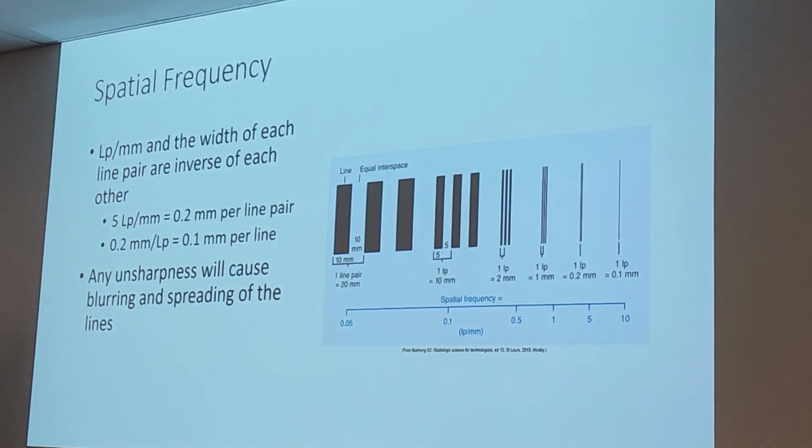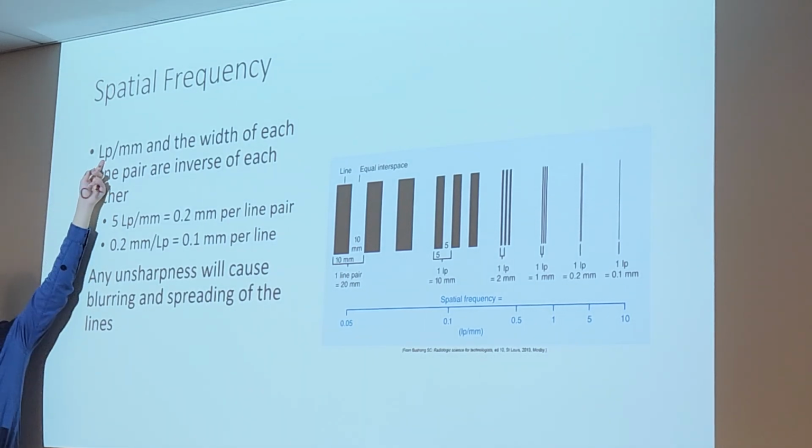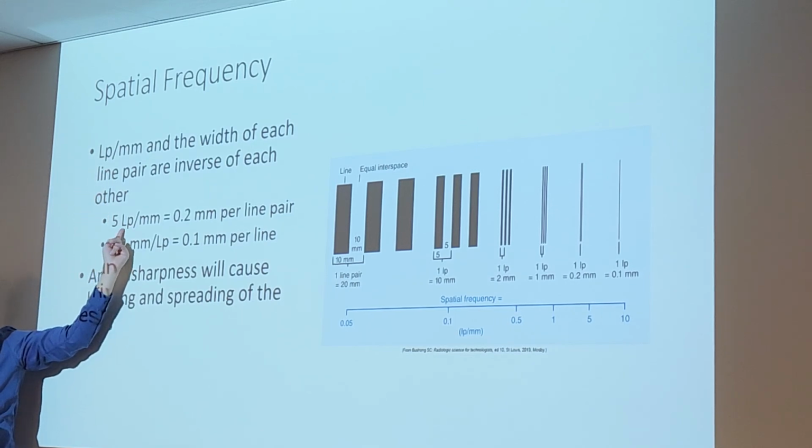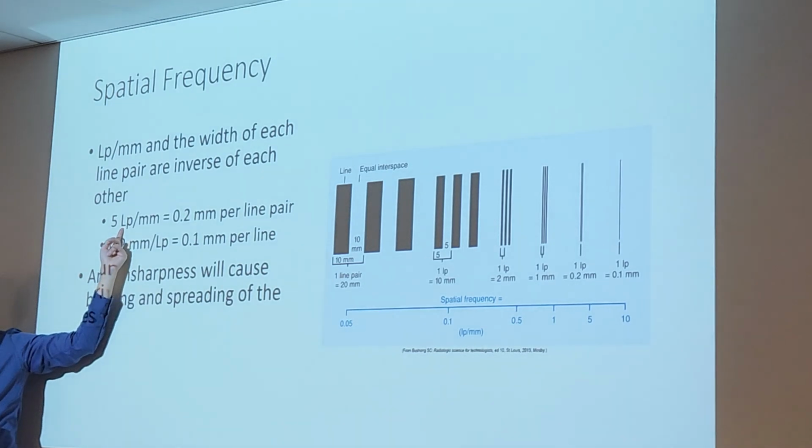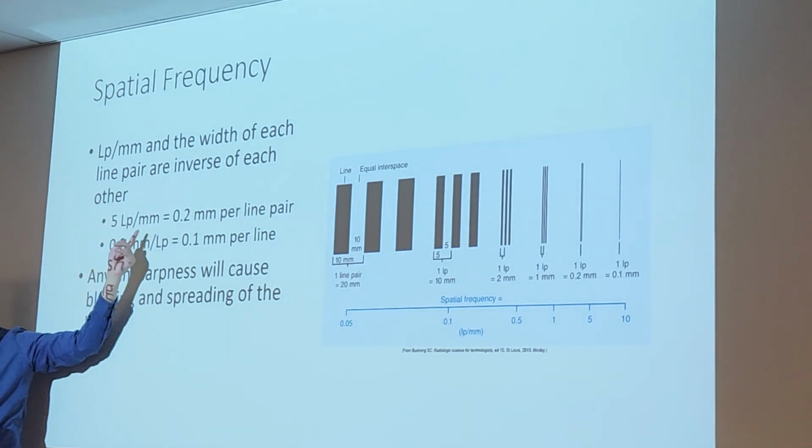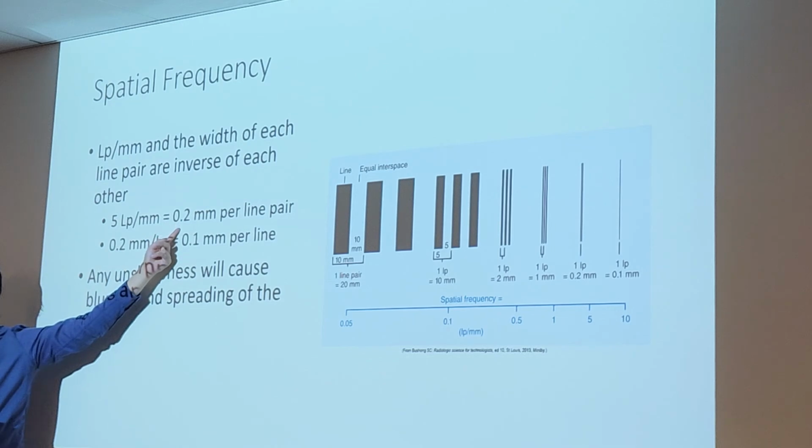So, I might be curious about how thick each line pair is. If I know I can fit this many inside 1 millimeter, I might want to know how thick those lines are. And so, the width of the line pairs is the inverse of line pairs per millimeter. So if I have 5 line pairs per millimeter, I take the inverse, 1/5, and that is how big my line pair is.